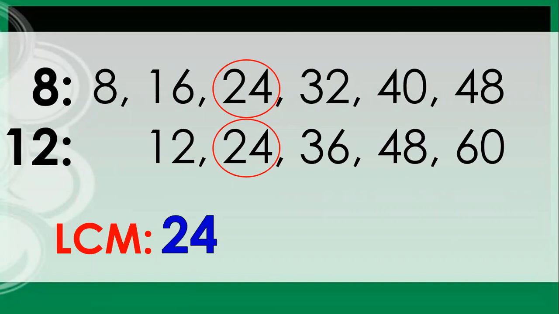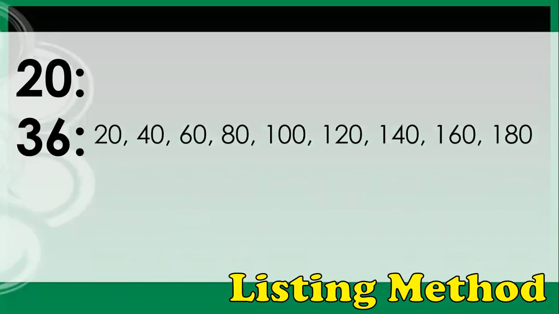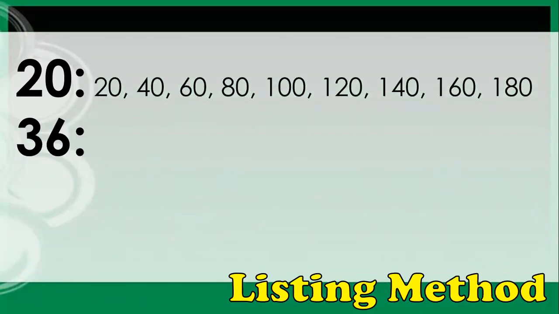Here are some ways to find the least common multiple of the given numbers. We use the listing method. We're going to find the least common multiple of 20 and 36 using the listing method. We have 20. The multiples are 20, 40, 60, 80, 100, 120, 140, 160, 180, and so on.